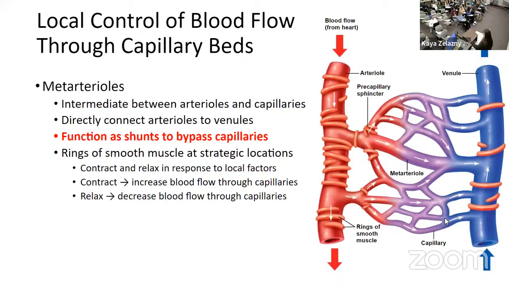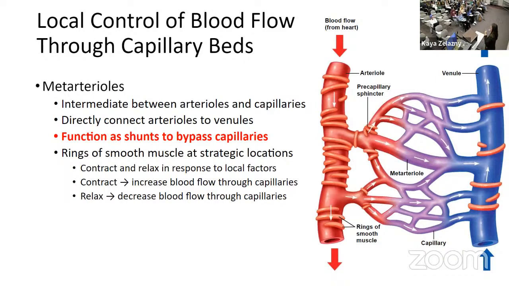These two concepts are relatively simple, hopefully. Sometimes we're going to want blood to flow through capillaries in a specific region, and sometimes we're not going to care that much. We're going to want to bypass those capillary beds. A meta-arteriole, when it's nice and open, allows you to bypass and rush blood past that capillary bed.